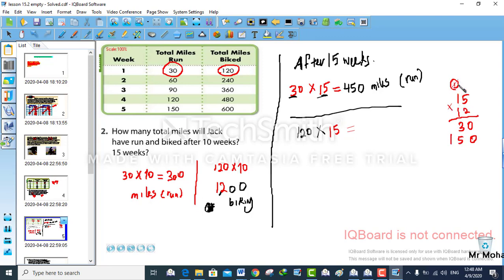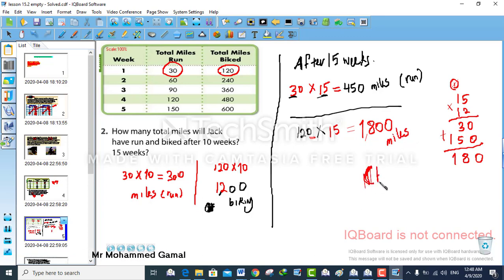This one is finished. Now add. 0 plus 0 is 0. 3 plus 5 is 8. 1 plus nothing is 1. So the answer is 180. And don't forget this 0. So the answer is 1,800 miles. This is for biking after 15 weeks.